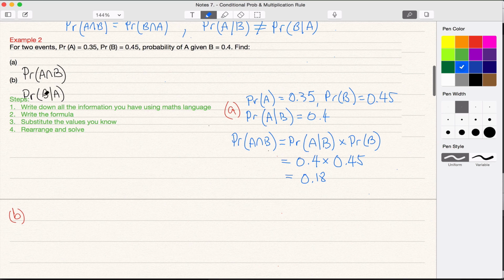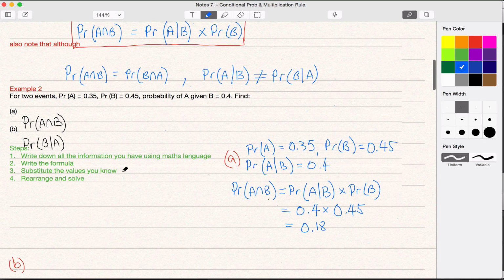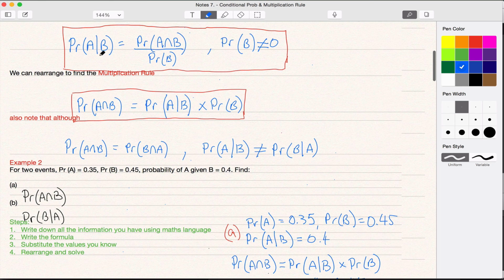Part B is asking us to find probability of B given A. Remember, B given A is different to A given B, so we can't just write down it's 0.4. We'll need to do a bit of working out first. Let's start with the formula we're going to use, which would be this one, but we're going to have B and A swapped around. We'll have probability of A on the bottom because it's always this second event here that goes on the denominator.